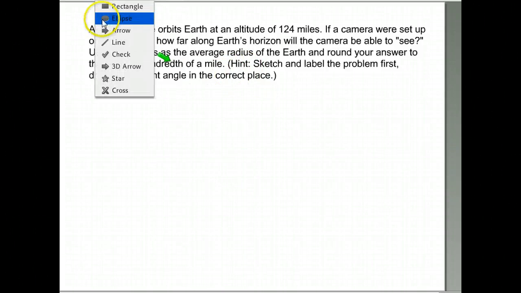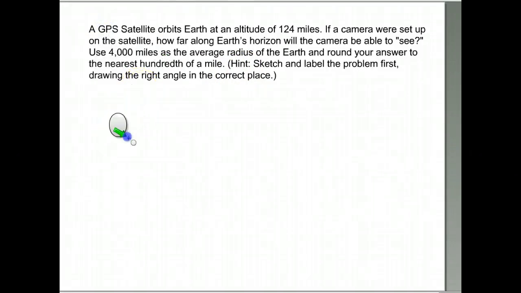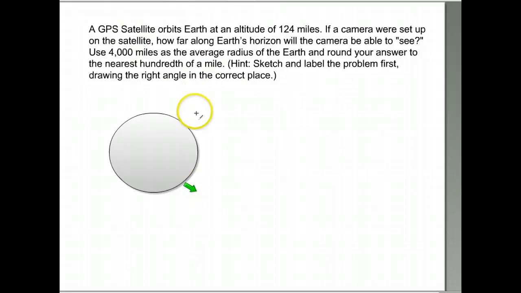So as we did before, our first job is to go ahead and draw ourselves an Earth. We have a satellite orbiting outside. I'm not sure what they look like, but I'm just going to put a point there. So this is my satellite.